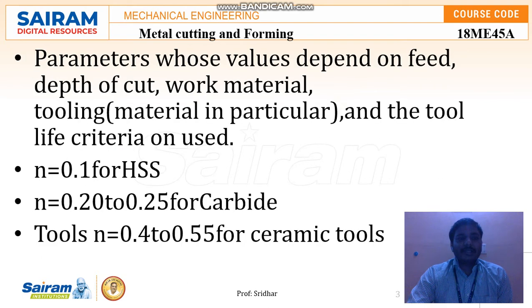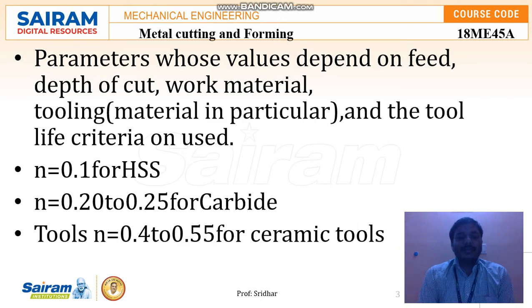Coming to the next point, the values of the parameters in Taylor's equation also depend on the feed, depth of cut, workpiece material, and particularly the tool material which we have used. Based on that, the life of the tool will depend.